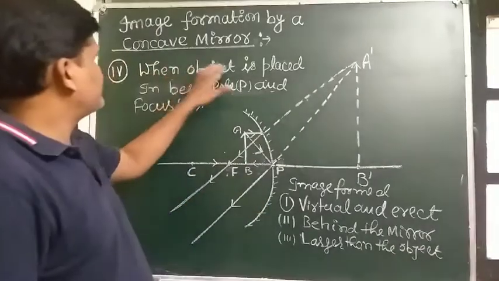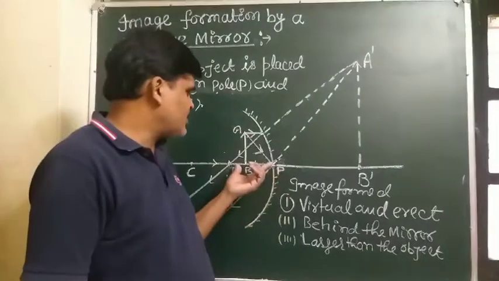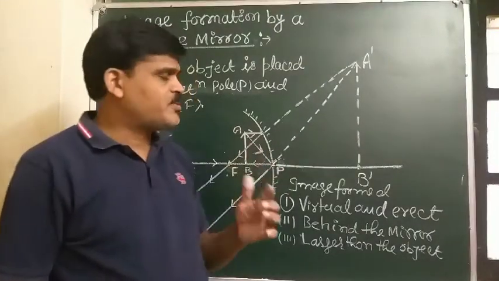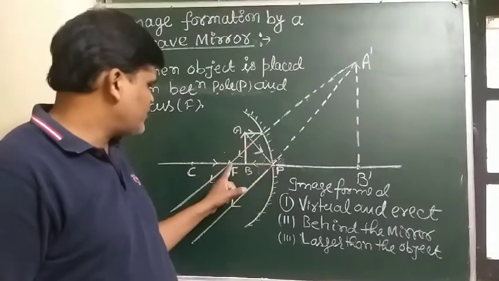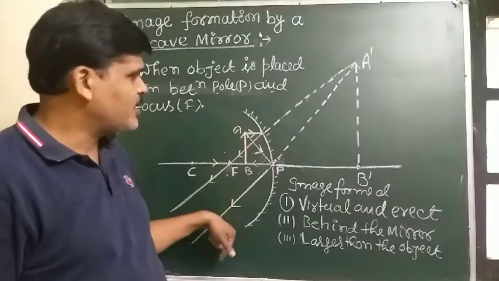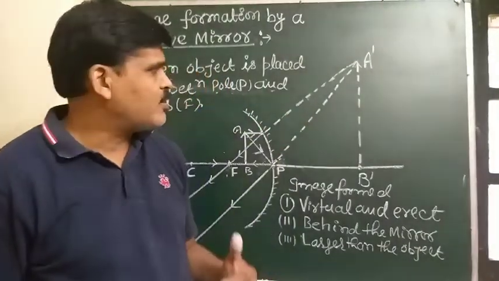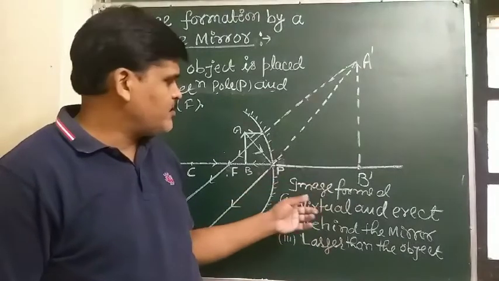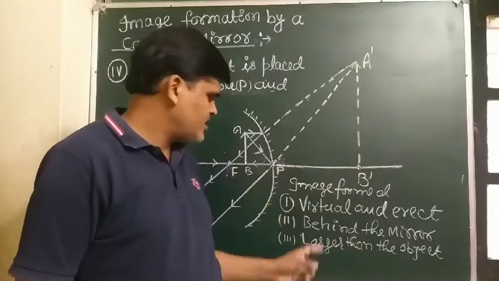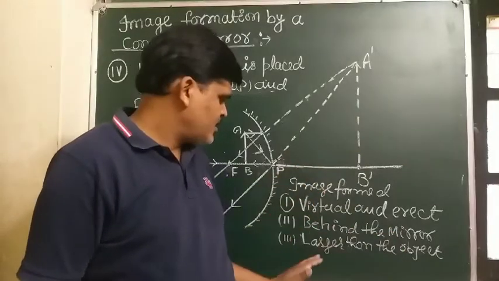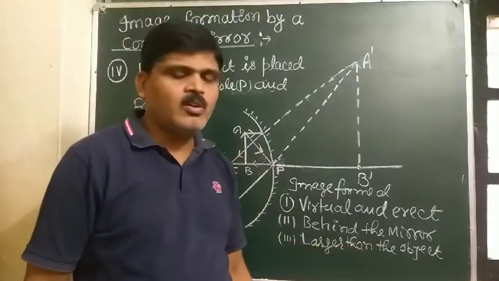So when the object is placed between pole and focus of a concave mirror, which is the only case in a concave mirror, a virtual image is formed. This image is virtual and erect, behind the mirror, and larger than the object.